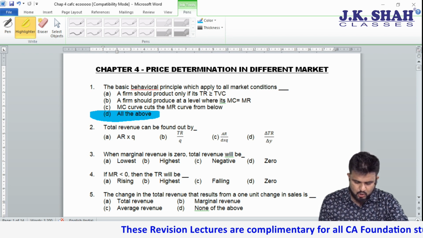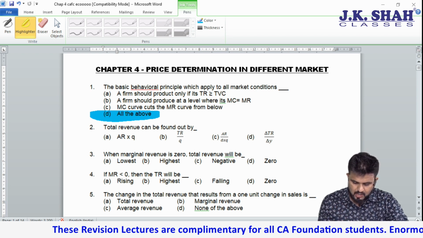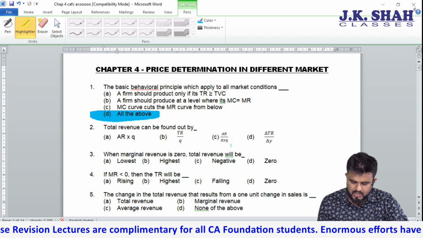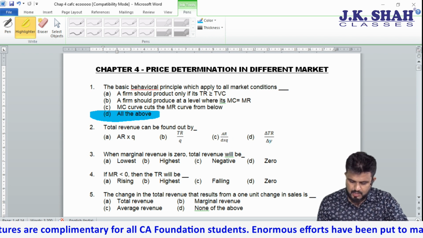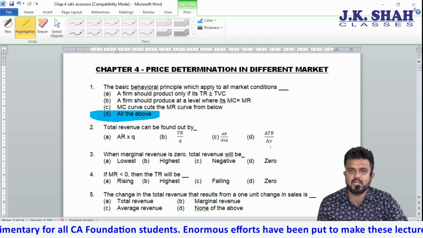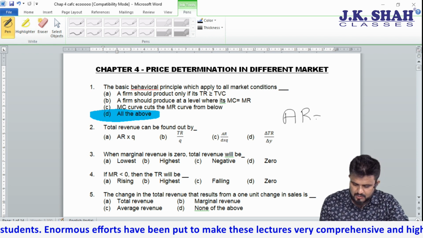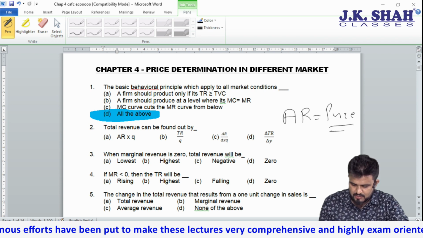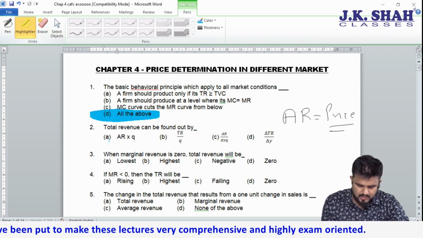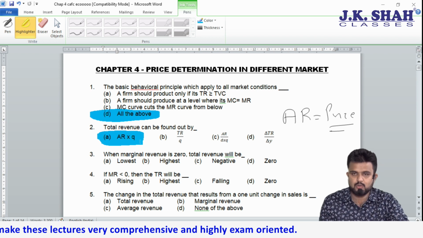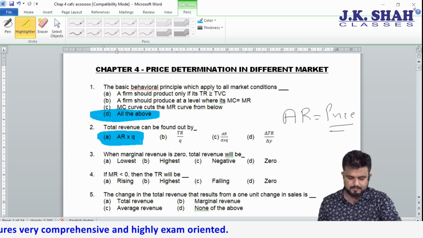So AR into Q, TR upon Q, AR into D into Q, and change in TR upon change in income. Students, AR is nothing but price. So the correct answer is AR into Q, that is price into quantity.